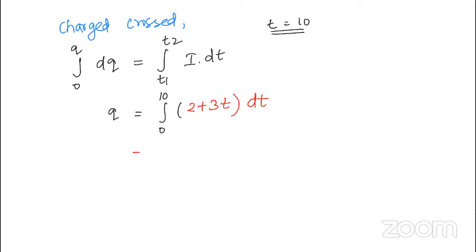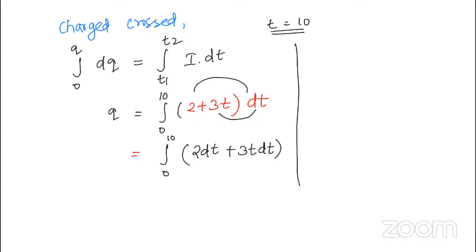Next step, 0 to 10, here we have to multiply the terms, that is 2 into dt plus 3t into dt. Next step, we just integrate the values.